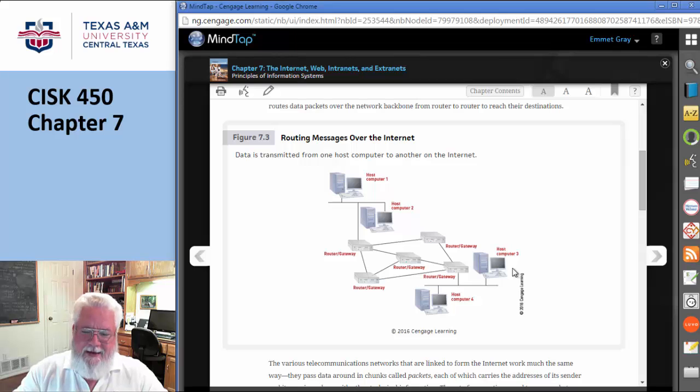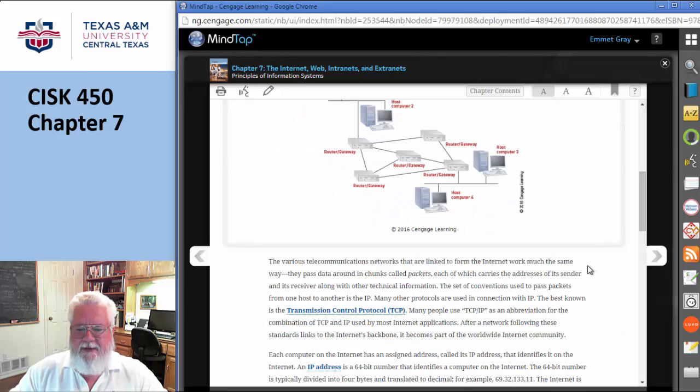We are going to talk a tiny bit about protocols, not too much, but transmission control protocol. You've probably heard of TCP/IP. Well, the TCP part is the transmission control protocol. Not to get into too much detail, but it's all about: I sent you something, did you get it?